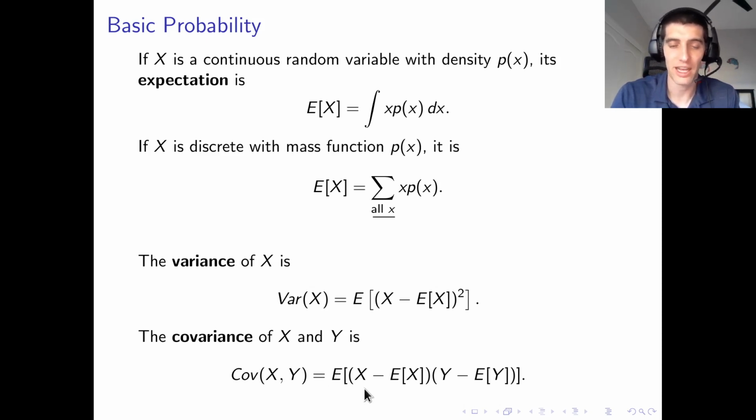Let's say x tends to be above its mean when y tends to be above its mean. Then this will be positive when this is positive, and negative when this is negative, and the covariance will be an expected value of a bunch of positive terms. On the other hand, if they trend in opposite directions, x below its mean when y is above its mean, or vice versa, then this quantity is negative, and you're taking the expectation of a negative quantity, so the covariance ends up being negative.